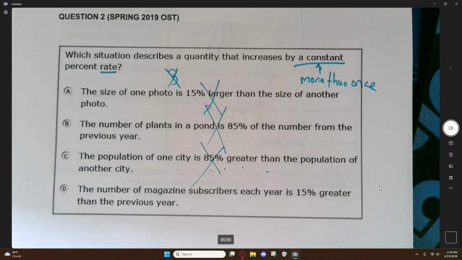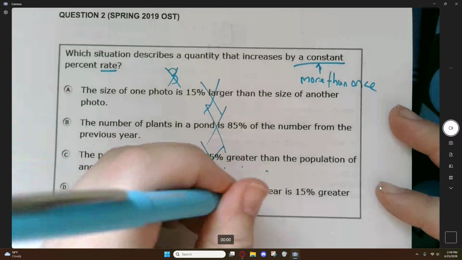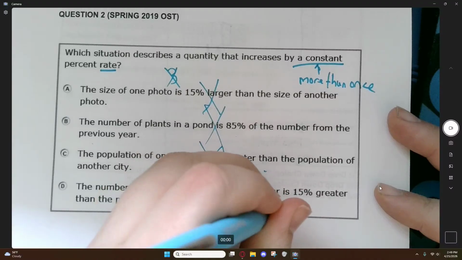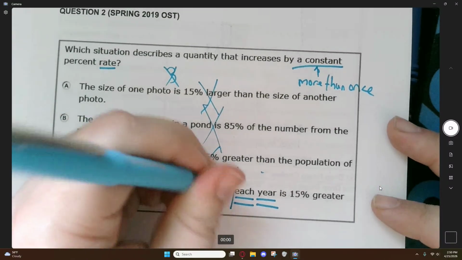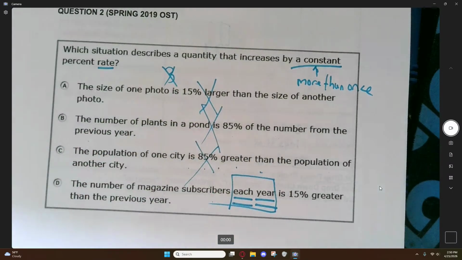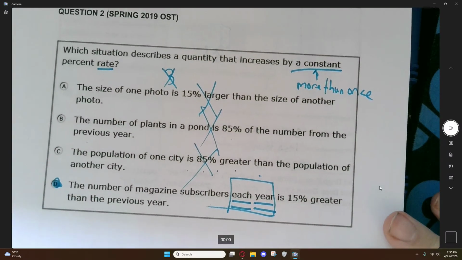Again, comparing two cities, not constantly happening. The number of magazine subscribers each year is 15% greater than the previous year. These are the key words. Each year, meaning it's happening on more than one occasion. It's happening constantly. It's D.